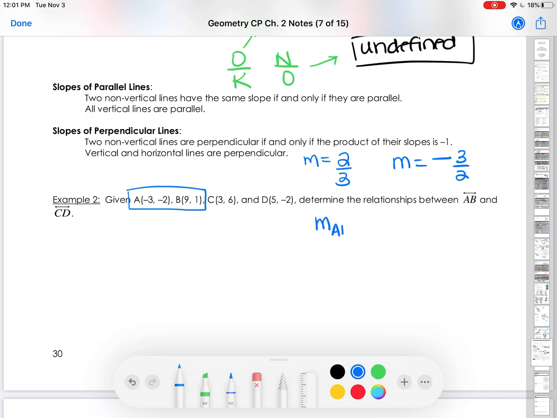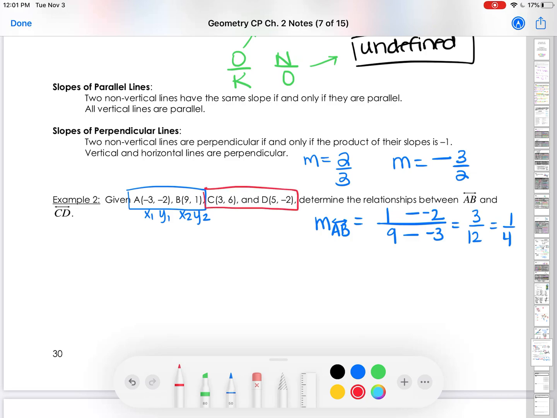So the slope for line AB is going to be equal to, and we'll subtract the y's, subtract the x's, so x1, y1, x2, y2. So that's going to be 2 minus negative 2 on top, and on the bottom that's 9 minus negative 3. So that's going to give us 3 over 12, which gives us 1/4. For my other line, CD, it's going to connect C and D together, so let's find the slope of CD.